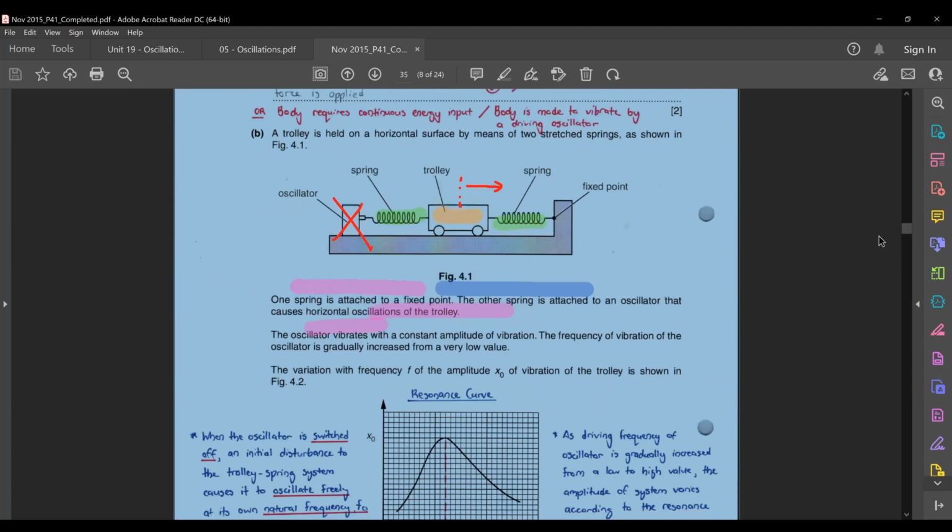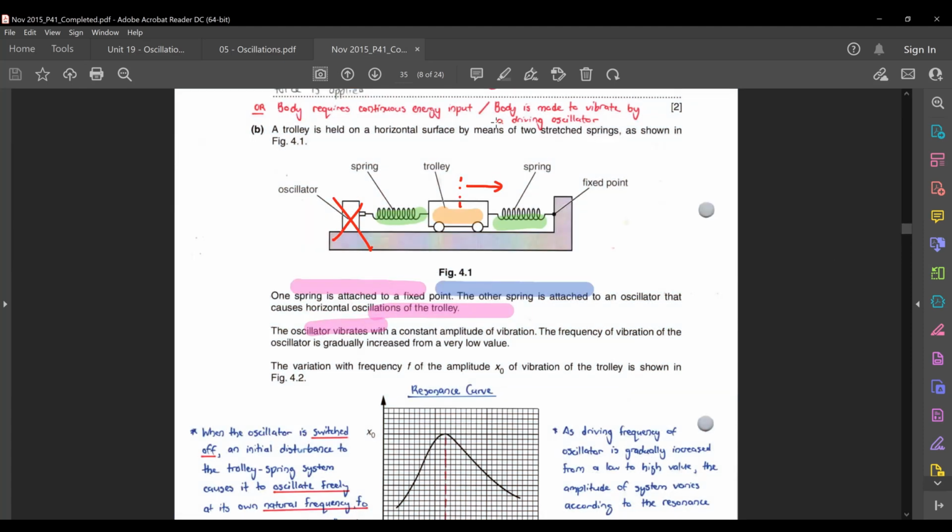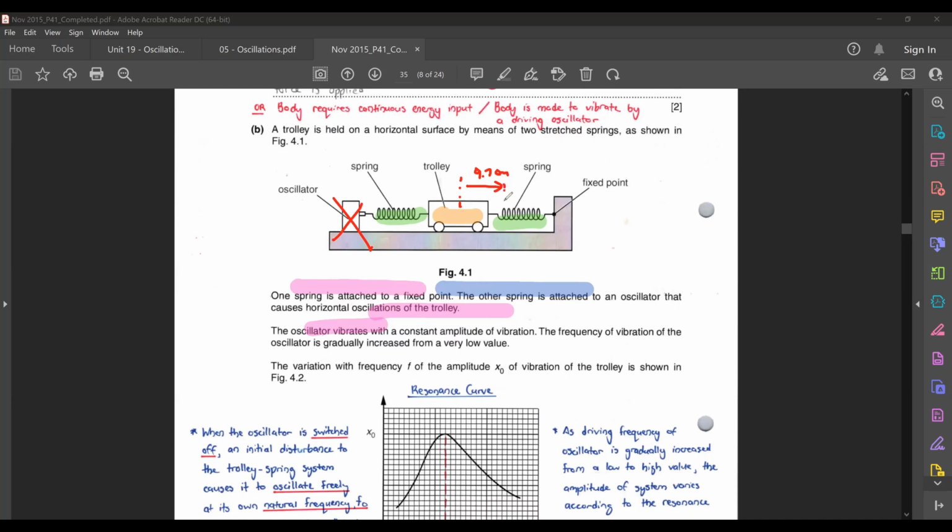If you were to displace your trolley towards the side by say 4.7 centimeter to this position, and then you release it, your trolley will just oscillate back and forth in this manner. So in your current case now, without the oscillator being switched on, you give it initial displacement, you release it, it starts oscillating. This is now free oscillation.